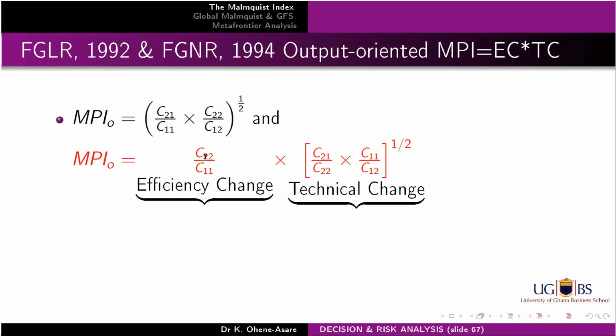Now, the 2 means efficiency of a firm in year 2 relative to frontier 2. The C11 here means efficiency of a firm in year 1 relative to the constant returns to scale frontier 1. The one in the square bracket, the numerator, is efficiency of a firm in year 2 relative to the CRS frontier 1.